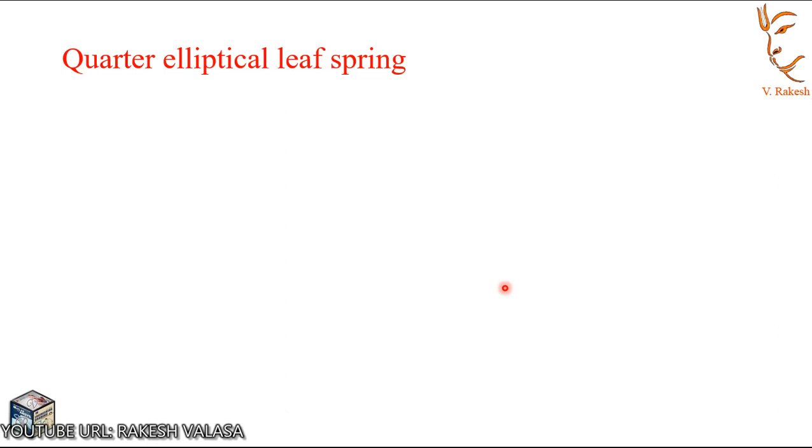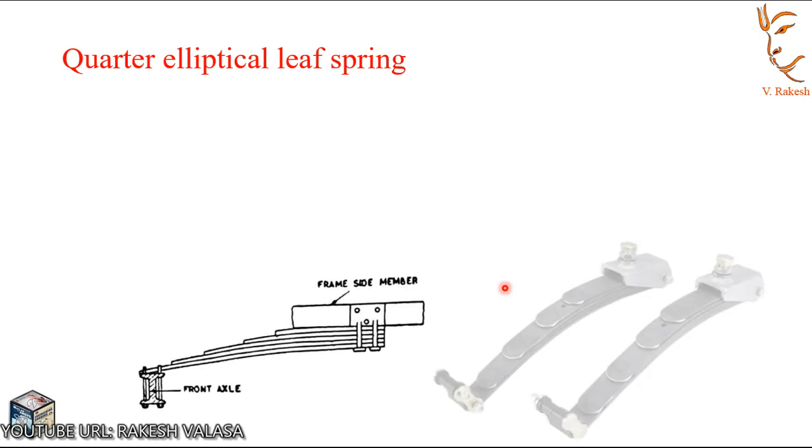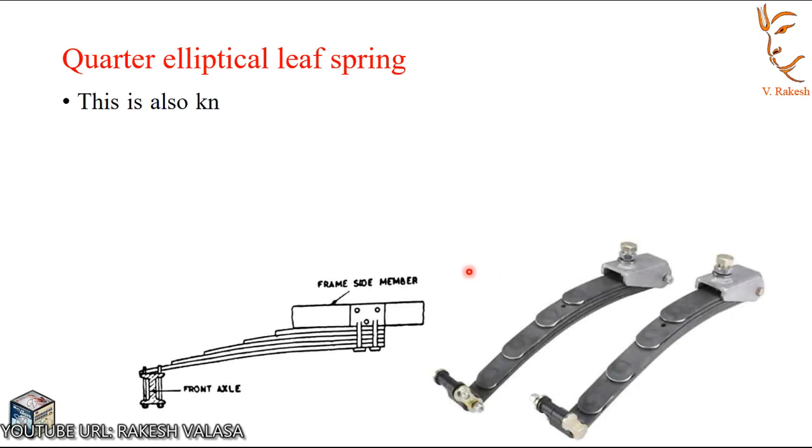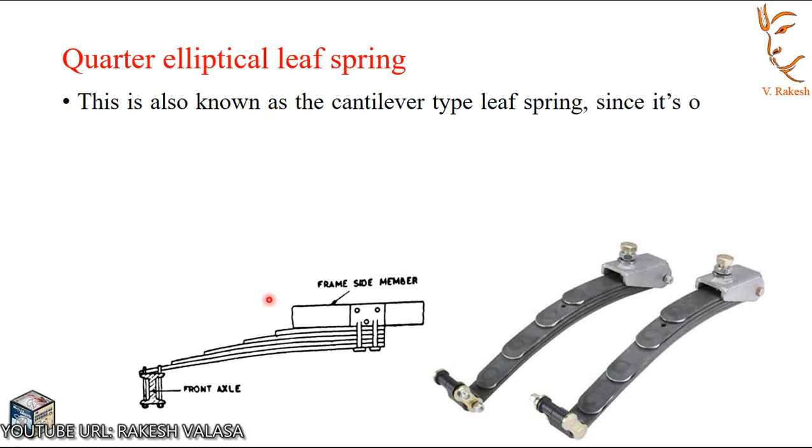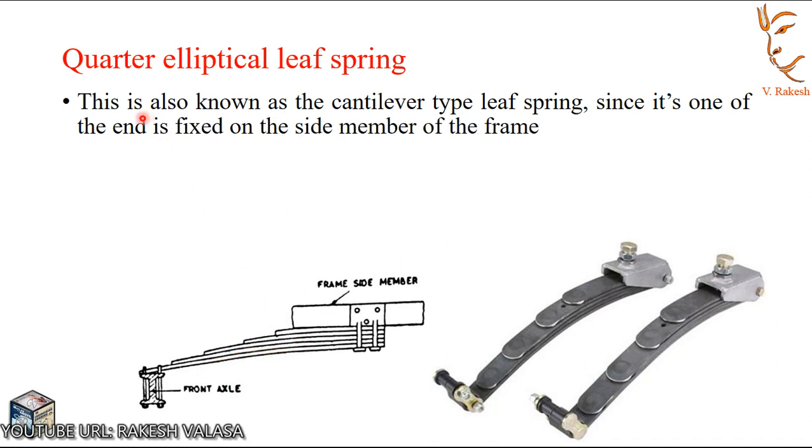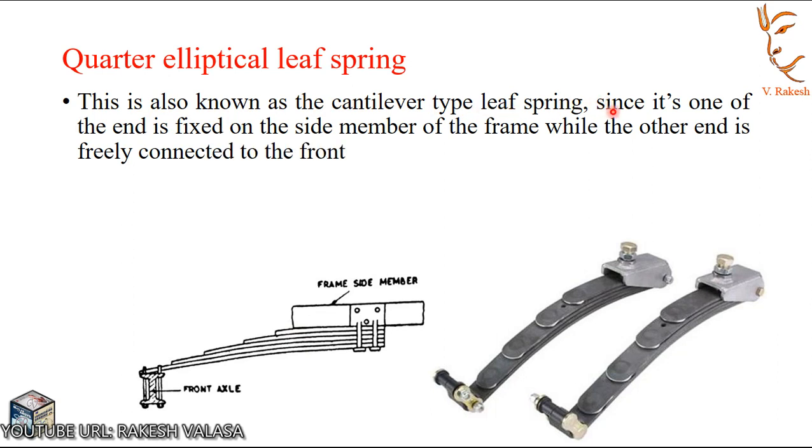Next one is quarter elliptical leaf spring. This type of leaf spring refers to forming the shape of half of a semi-elliptical spring. This is also known as cantilever type leaf spring since one of its ends is fixed on the side member of the frame while the other end is freely connected to the front axle.